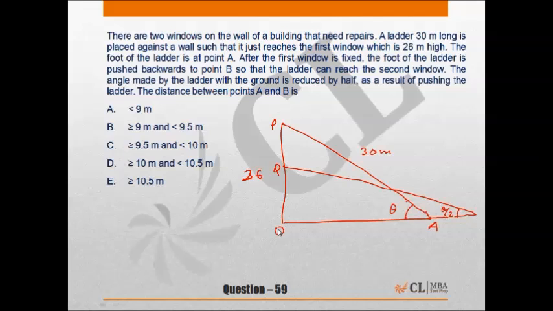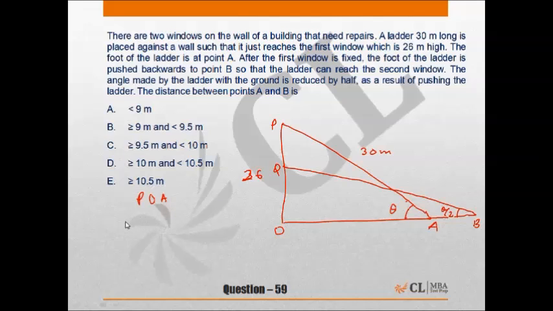We have to compute the distance between A and B. Now, by using Pythagoras theorem in triangle POA, we can find the length of OA.